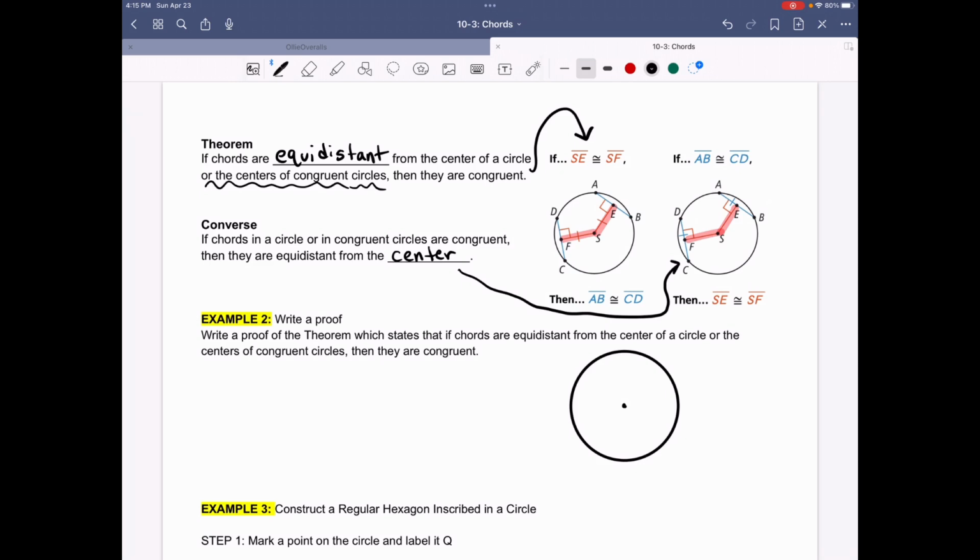And I want to draw what it's saying. So the two chords are equidistant from the center, so kind of like what we have above. So I'm going to draw some whiskers from the center.